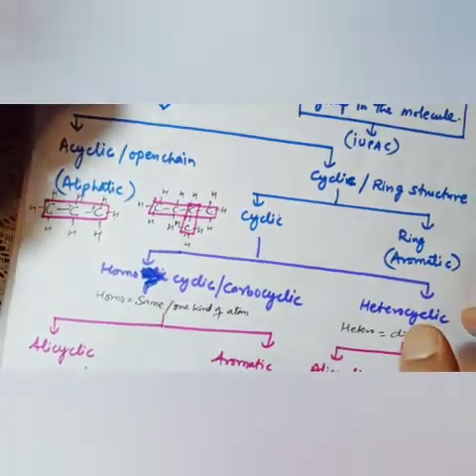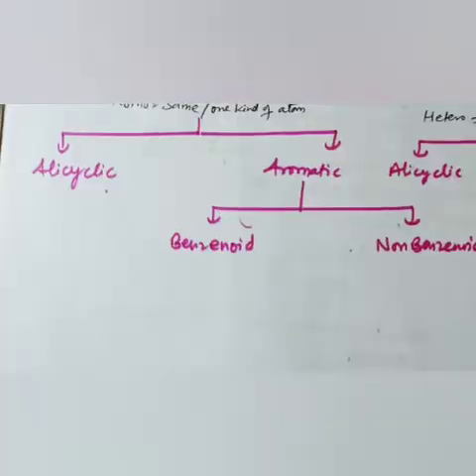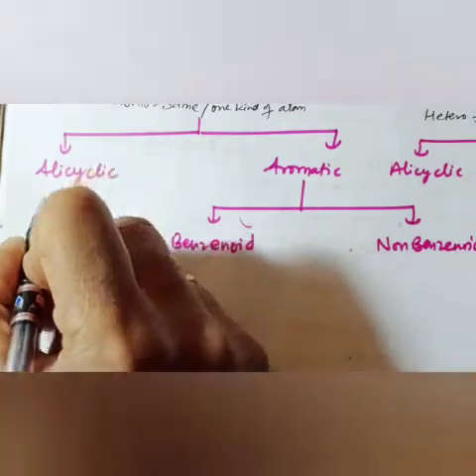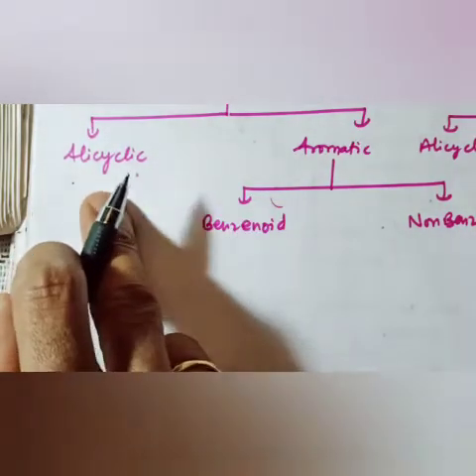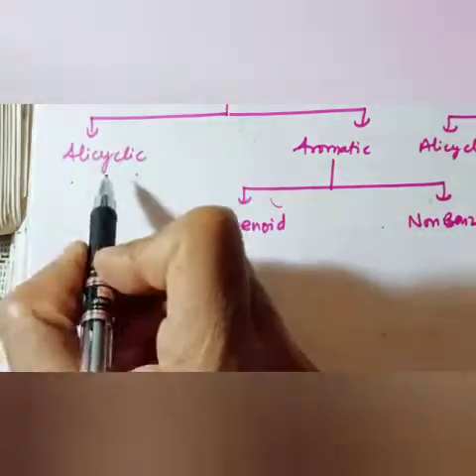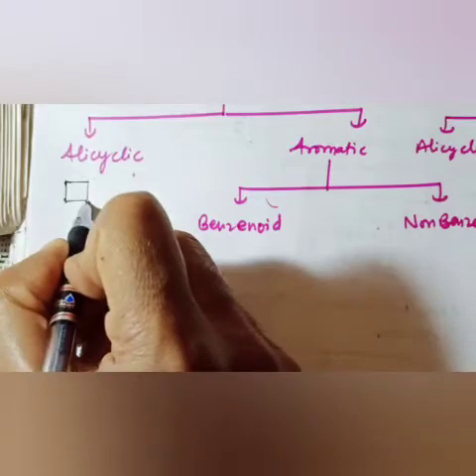If we talk about alicyclic, I am going to take some examples. Alicyclic compounds are all those carbocyclic compounds which resemble aliphatic compounds in most of their properties. The compound is like this: 1, 2, 3, 4.